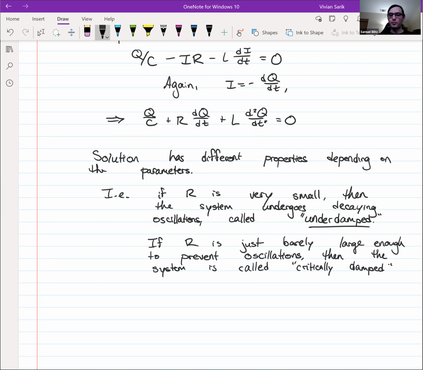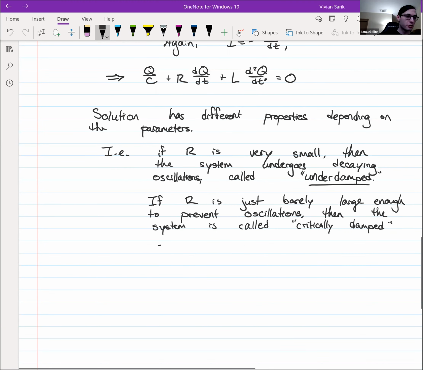And then similarly, if R is too large, if it's larger than the critical damping value, then the resistor just dissipates energy too quickly and the current never oscillates. So that's what I mean by different behavior depending on the parameters.